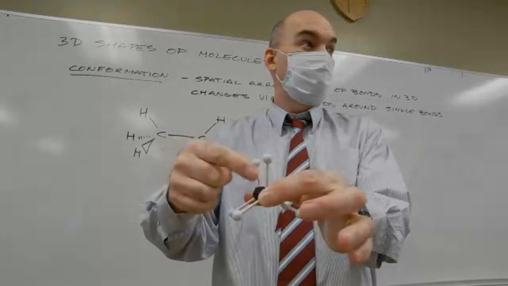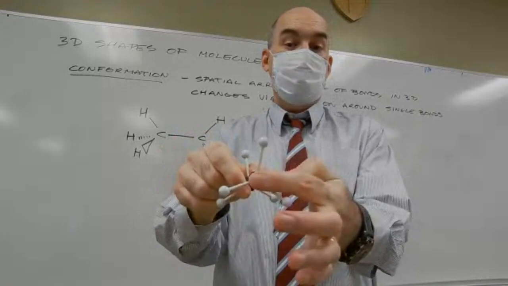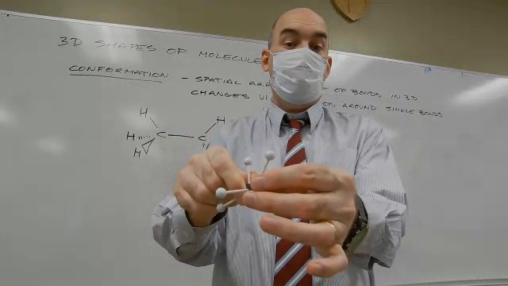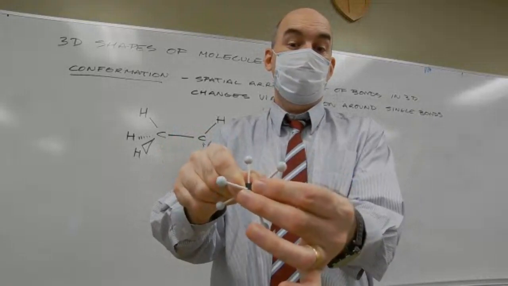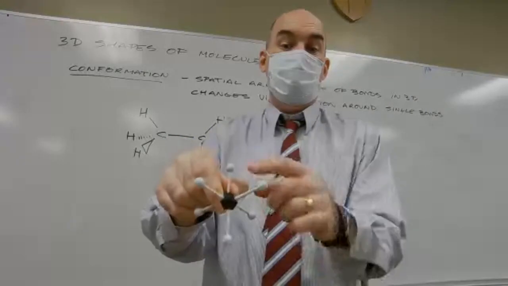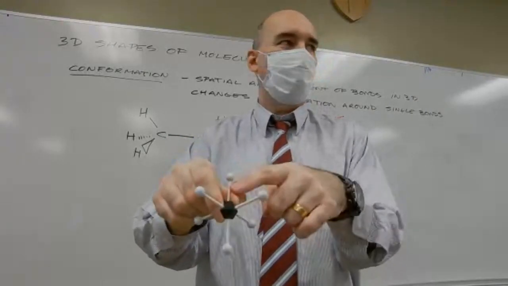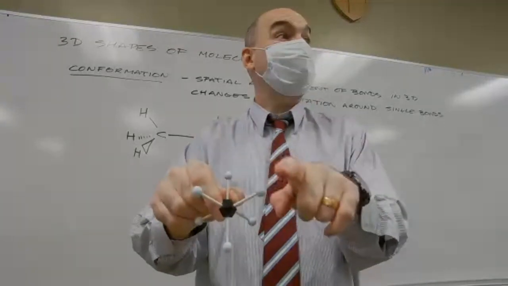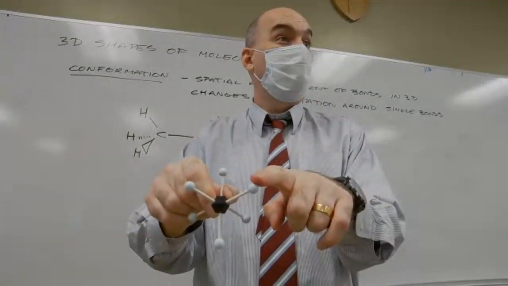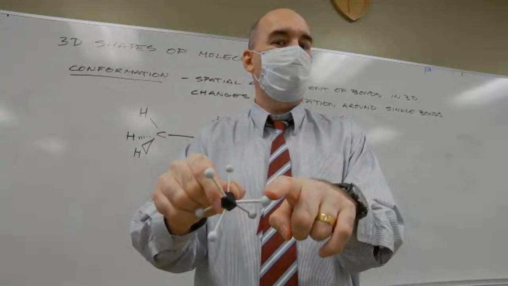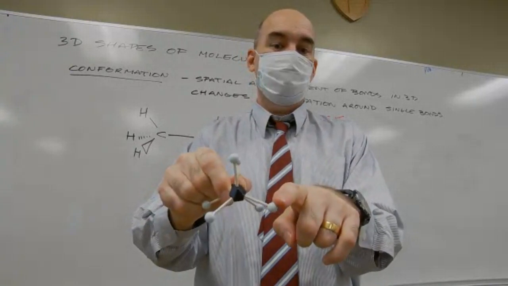This is eclipsed. If I rotate the front, this distance has just increased, and they're not lined up right on top of each other anymore. They're staggered. But look what happens when I continue to rotate.